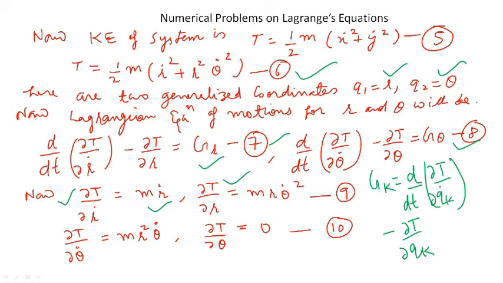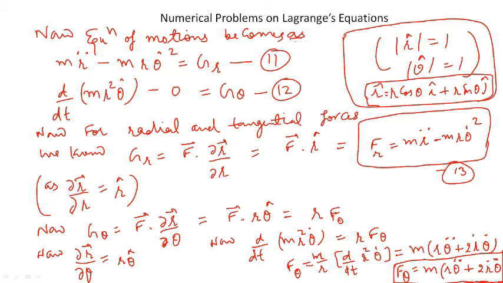Let us say these are equation 9. Now from equation number 6 we can find del T over del theta dot, and it will be equal to m r square theta dot, and similarly del T over del theta will be equal to 0 because there is no term for theta. And let us say it is equation number 10.